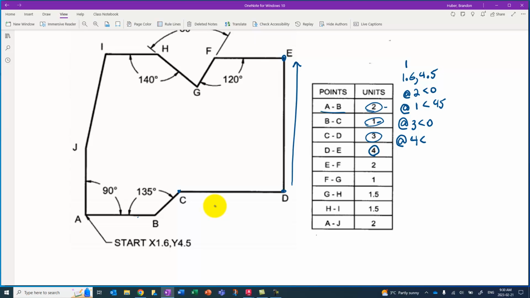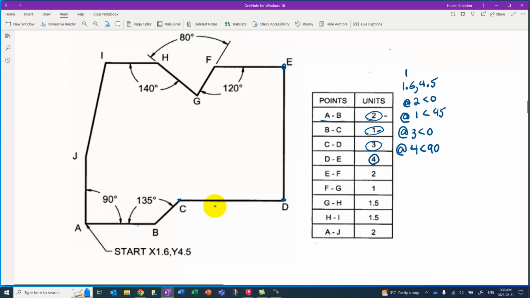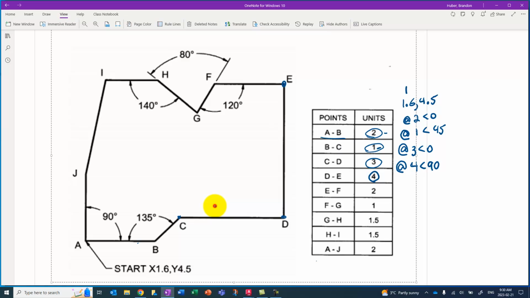And hopefully you remembered a vertical move going straight up is 90. Okay, now moving from E to F, we'll scroll down here a little bit. Moving this way, we can write in our distance here, so at 2 and an angle pointing straight to the left, that's 180.